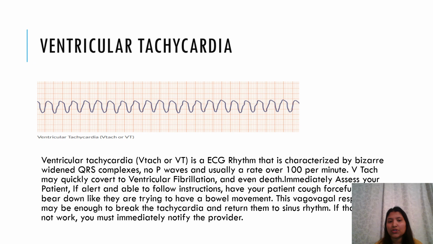Immediately assess the patient. If alert and able to follow instructions, have the patient cough forcefully, bear down like they are trying to have a bowel movement. This vagal response may be enough to break the tachycardia and return to sinus rhythm. And if it doesn't work, you must immediately notify the provider.